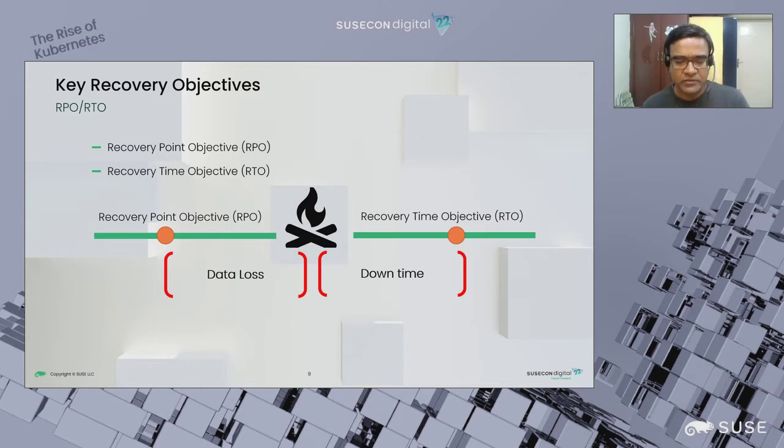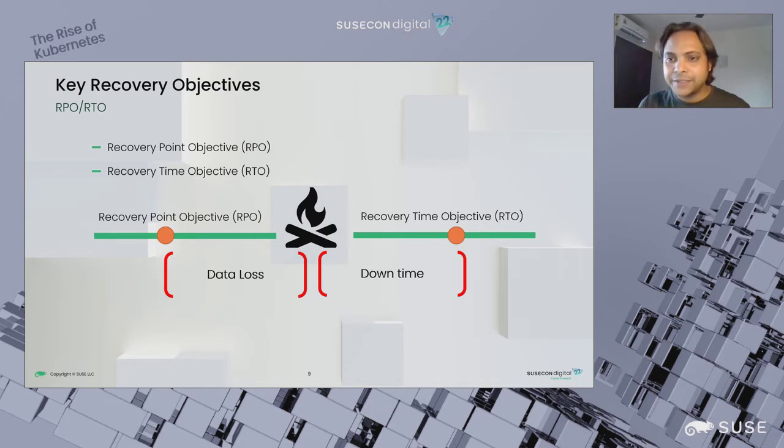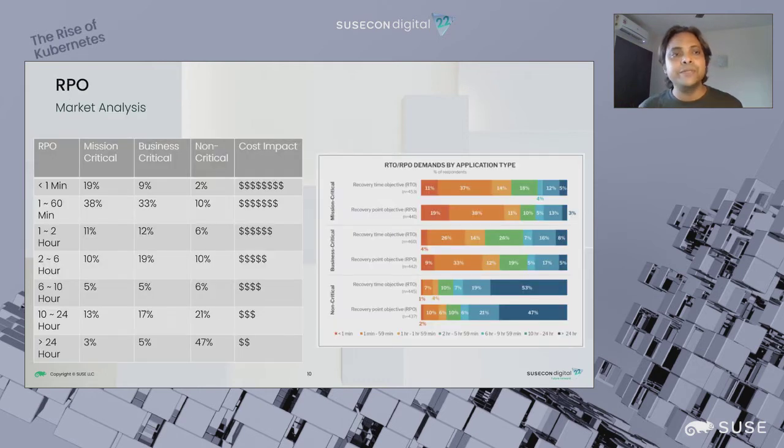Great. Any statistics that you want to share with the audience today? Yes, Deepak, it's the right query here. 451 Research has published some data, so let me briefly touch base on that.